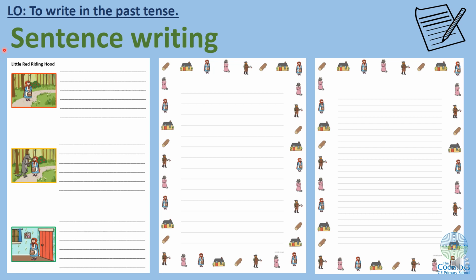Now we're going to move on to our sentence writing. What you need to do is you need to find your piece of writing from last week that you started. And these are the 3 templates that you might have started it on, or you might have just been writing it on a piece of paper. But we are continuing that piece of writing today.